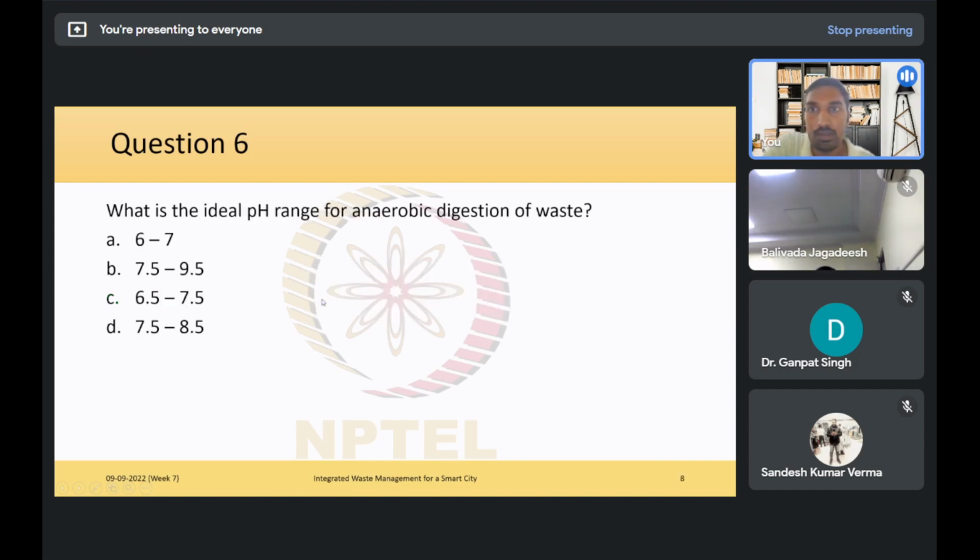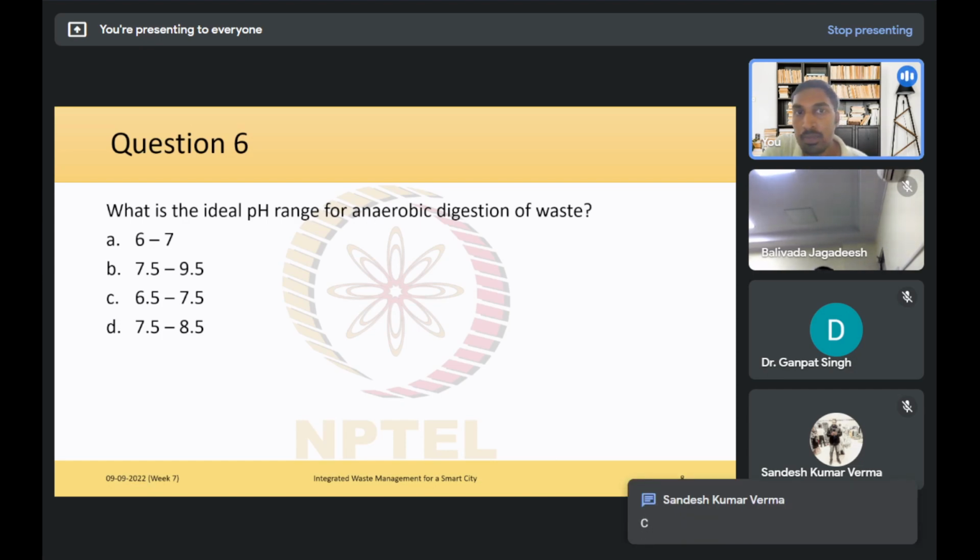Moving on to question number 6. What is the ideal pH range for the anaerobic digestion of waste? So the options are 6 to 7, 7.5 to 9.5, 6.5 to 7.5, and 7.5 to 8.5. Okay, so again, because there are different types of bacteria working on the organic matter, the pH range becomes important because it is different for the different types of bacteria, right?